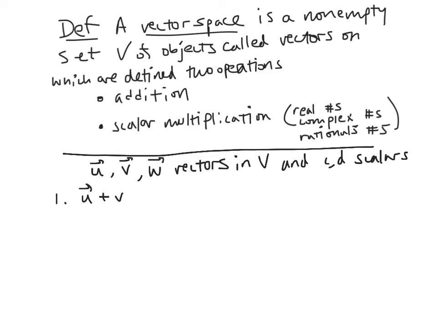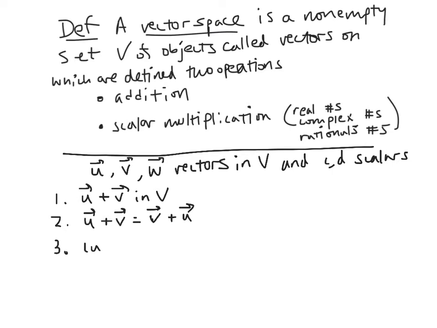If I have two vectors in my vector space, then their sum is in V. If I have two vectors, I can add them in either direction. So basically, this is the commutative property of addition.